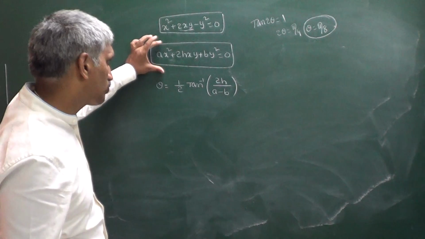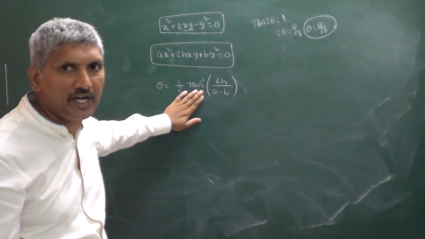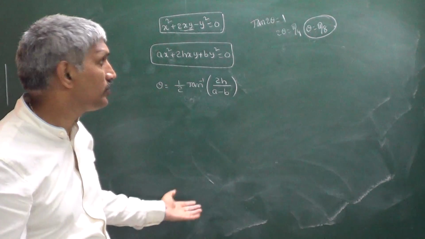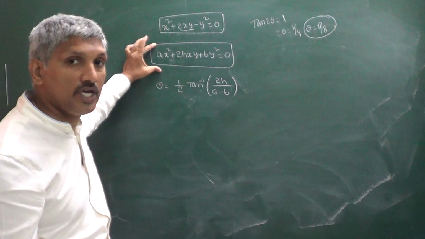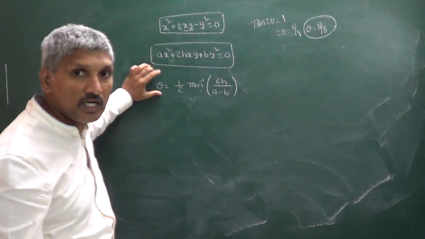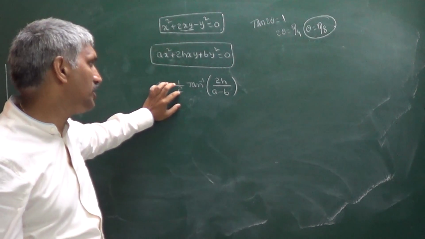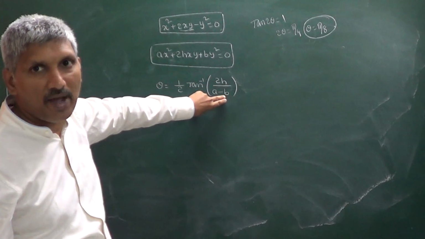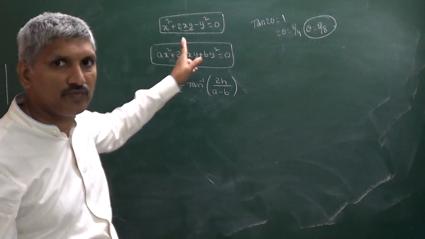How we get this formula is the same method which I discussed now. With that method, proceed here and you will get this particular formula. This is a better way of remembering the formula.